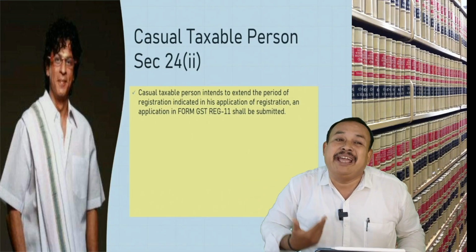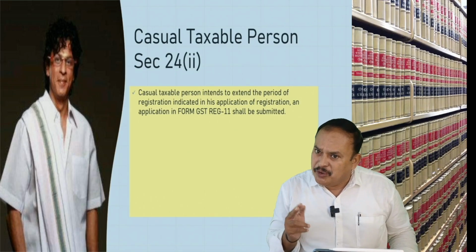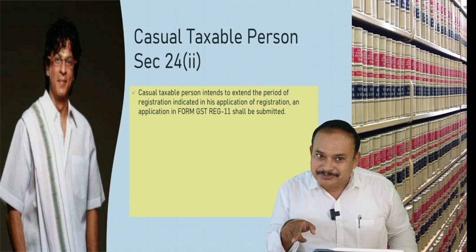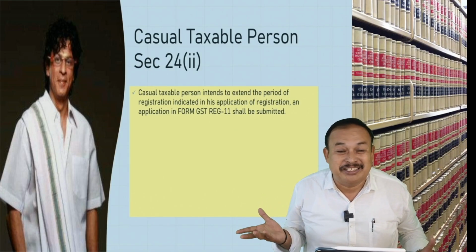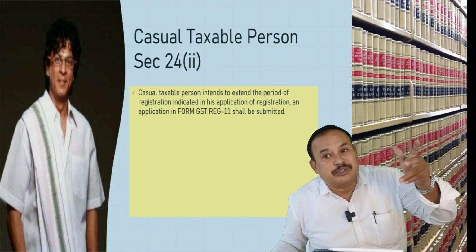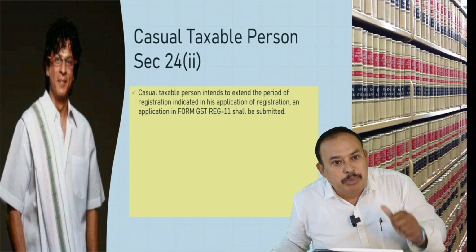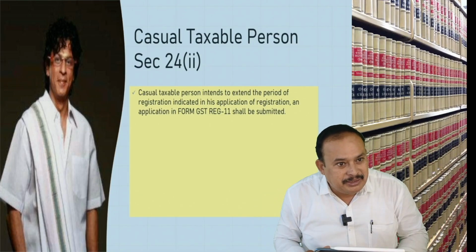Further, he applies in Form GST REG 11, 5 days before the expiry of that registration, by paying the advance tax. Then furthermore, 90 days is the period for which you can seek. You get my point?